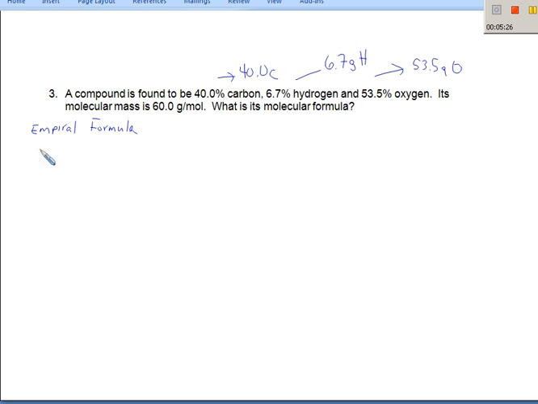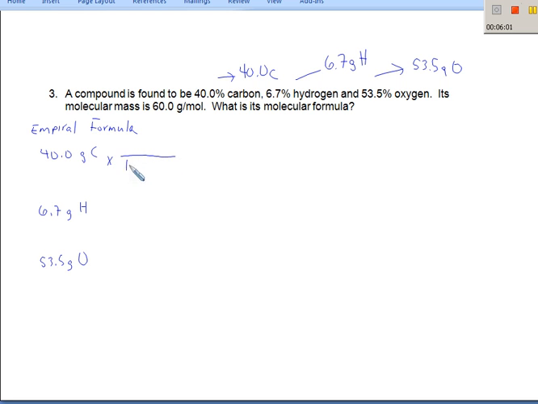So we have 40.0 grams of carbon. We're going to come down a little bit. We're going to say that we have 6.7 grams of hydrogen. Down a little more. We have 53.5 grams of oxygen. And we're going to convert each to moles.